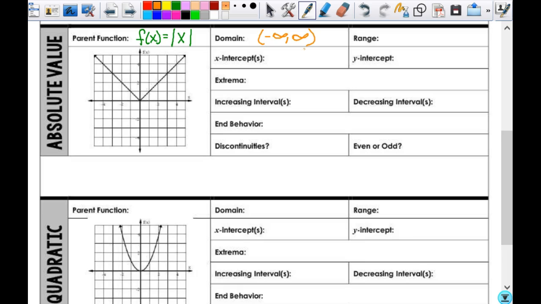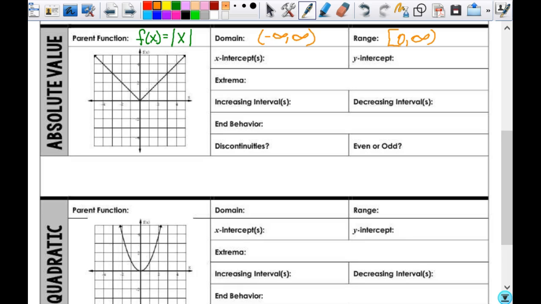Then my range is what? 0 to infinity, because I have nothing down here. My y can't be negative because I'm taking the absolute value, right? So it starts at 0 and goes to infinity for my y's. Now I know I never include infinity. Do I include the 0? Yes. 0 is part of my range. I can have a y value of 0.